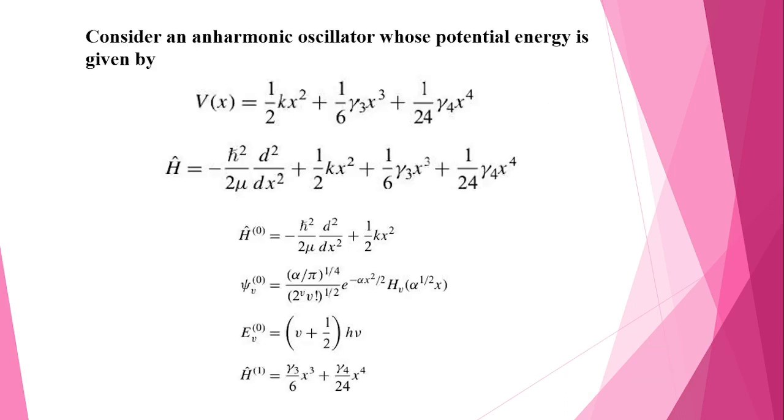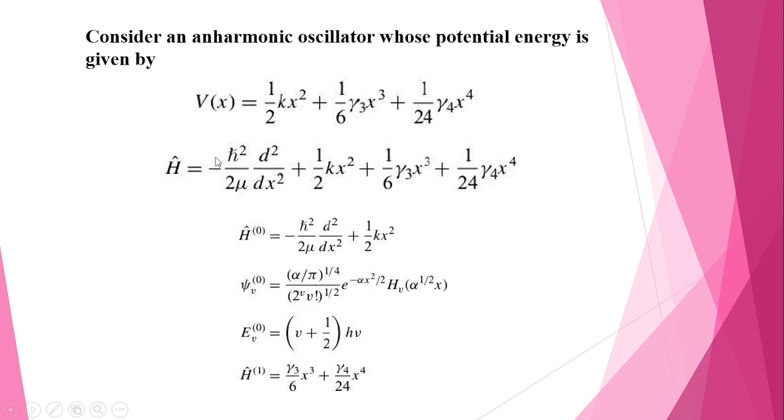Let me give you an example where we apply the MP2 correction. Suppose we have an anharmonic oscillator whose potential energy is given by equation 1. The first term is very well known, because for a harmonic oscillator the potential energy is 1/2 kx². The second and third terms are basically correction terms; these are anharmonic terms.